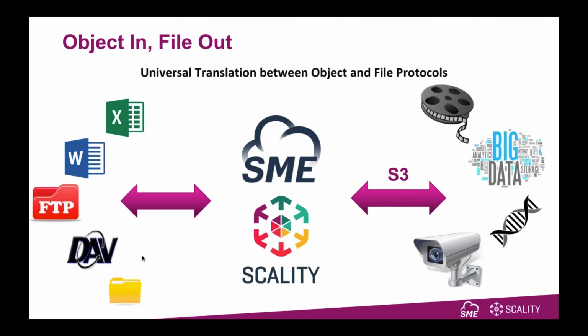Well, in Storage Made Easy, and I'll demo this later, you can easily tell it to go out, do a refresh of what's in Scality, pull up all those media clips, and you'll be able to watch them or serve them out via Storage Made Easy in a native, legacy mode that's familiar for Macs and Windows machines, and vice versa.